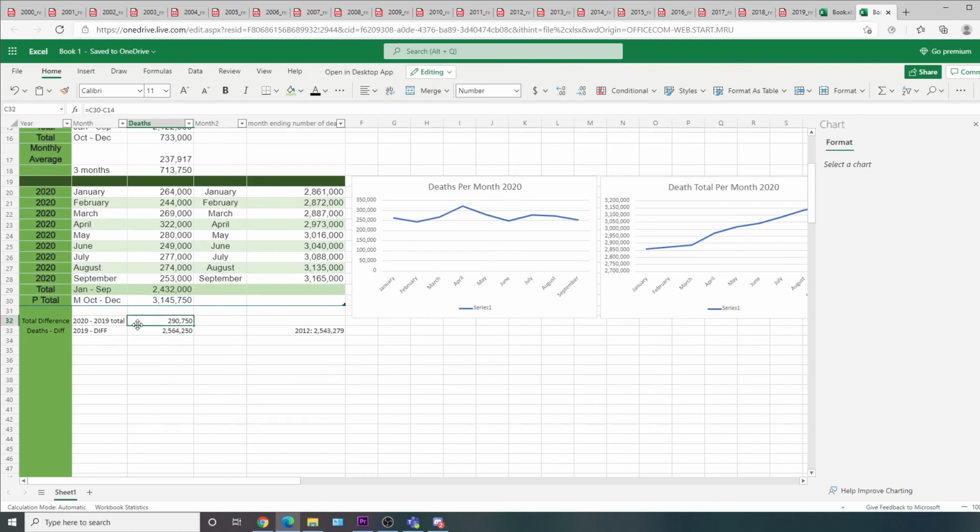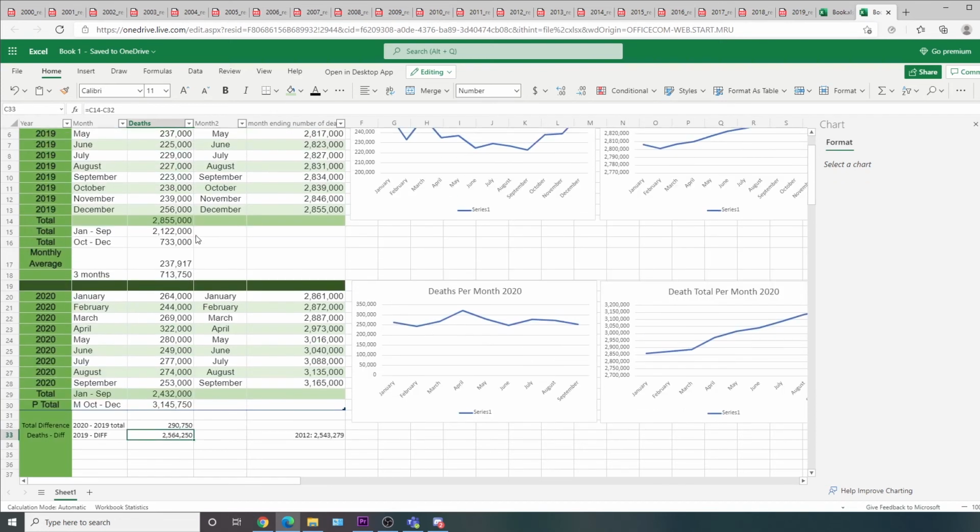So the difference between 2020 and 2019's total is about 290,000 deaths, which might not seem like a lot, but if you notice that in 2019 there were 2.8 million deaths, if we were to subtract 290,000 deaths, we would get 2.5 million deaths.